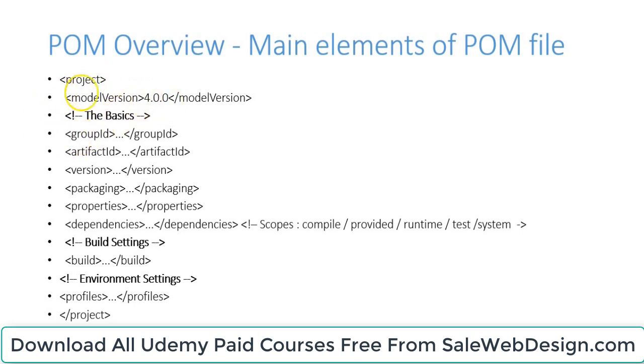Now coming over to the elements in the basics section. The group ID element is for specifying the ID of the project's group. Artifact ID element is the ID of the artifact, that is the project, and version element is for the version of the artifact under the specified group.